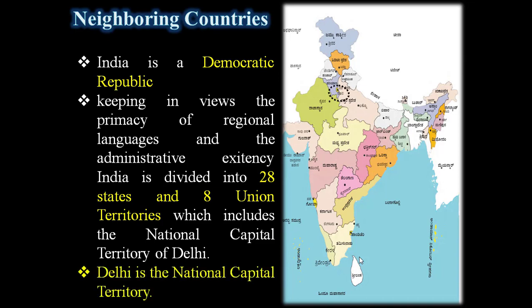Delhi is called the National Capital Territory. What you are seeing in the map, identify the location. Telangana is a newly formed state. Rajasthan is the largest state of India, whereas Goa is the smallest state of India.